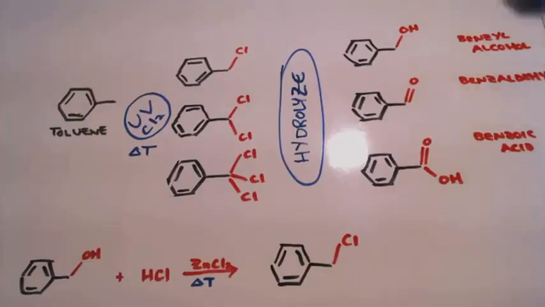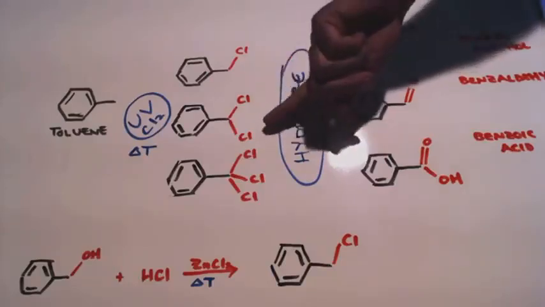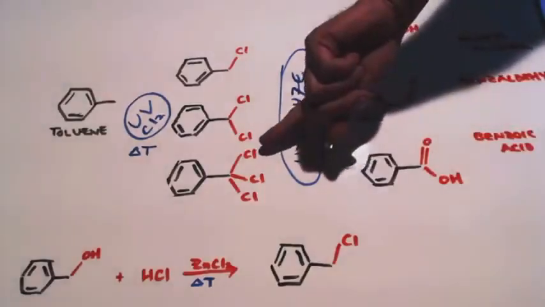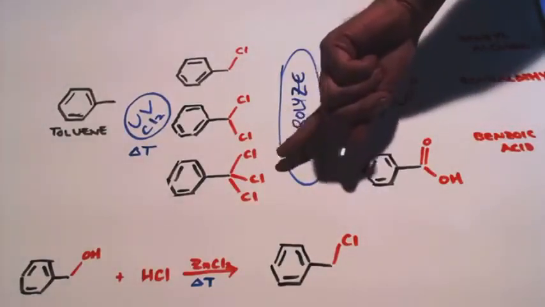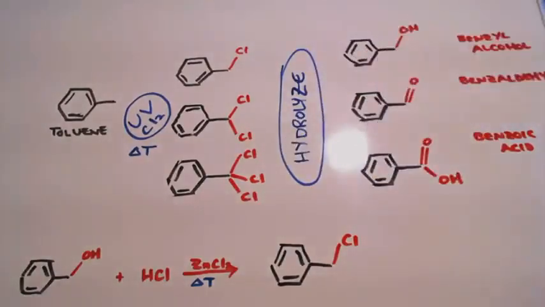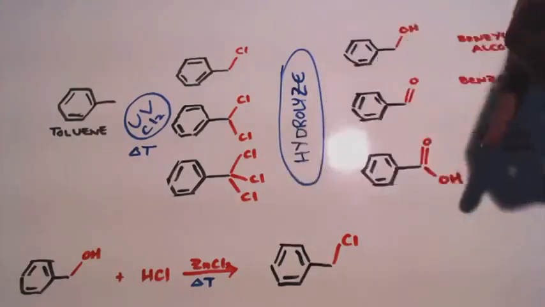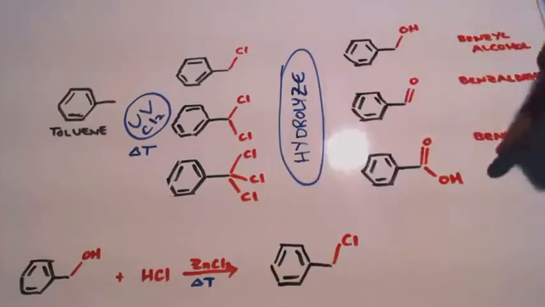So when you have the two on here, you hydrolyze this off into water, this off into water, and two waters equal that. You got three of them, you're going to do the same thing. Those two waters are going to turn into a carbonyl, and then that last chlorine will be turned into a hydroxyl. And that's how you get your benzoic acid.